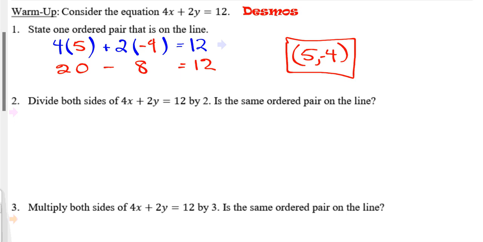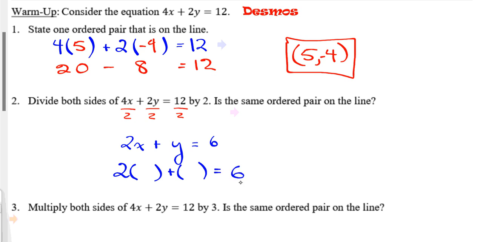Question number 2. We want to divide both sides of the equation by 2 so that we get this new equation, 2x plus y equal to 6. And then we want to find out, will that ordered pair of 5, negative 4, the one that I chose, make this equation true still?